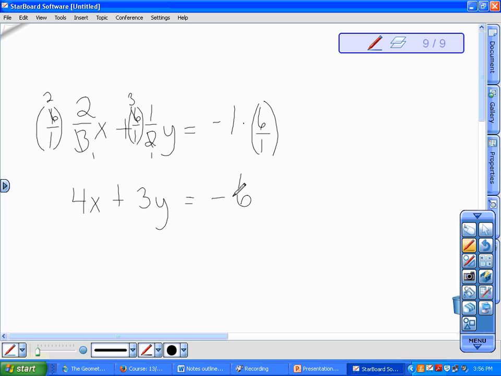This is still not in what we would refer to as slope-intercept form. I still need to isolate the variable y on one side of the equation all by itself. To do it this time, I'm going to put -4x's to zero out my x-pons on both sides of the equation.